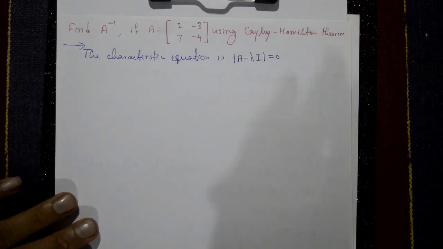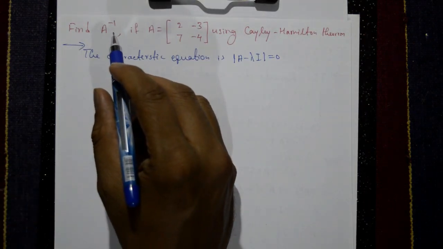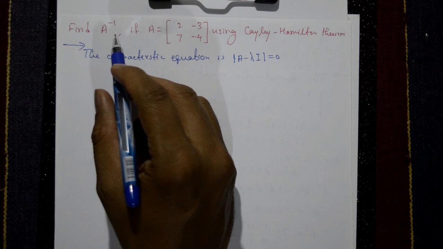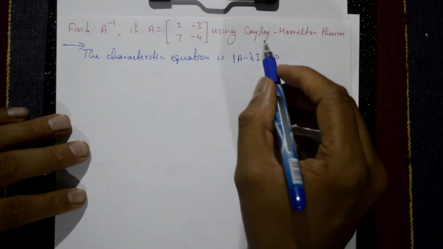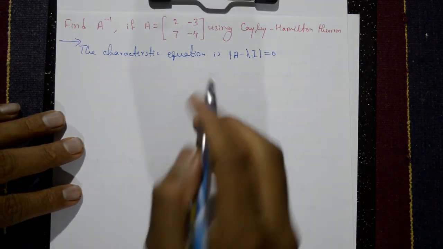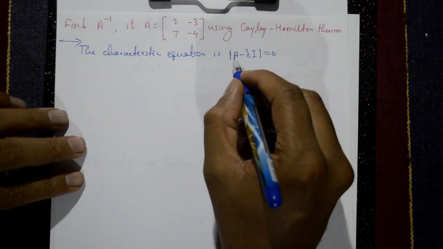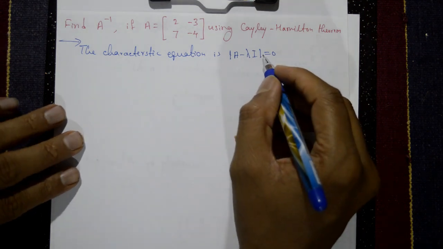Okay, next example. Next example is find the inverse of A, if A is given as 2 minus 3, 7 minus 4, using Cayley-Hamilton theorem. The characteristic equation is determinant of A minus lambda I equal to 0.